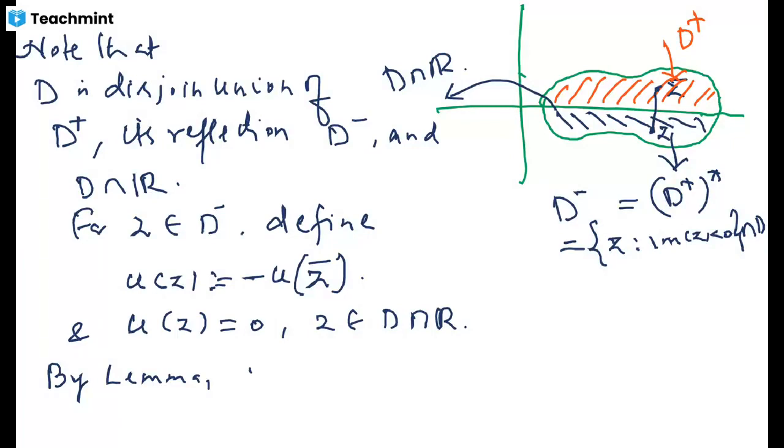So we see that u is harmonic on D minus as well, and it was already harmonic on D plus by hypothesis. If it is harmonic, it satisfies the mean value property, but we want to show this extended function to be harmonic on the whole of the domain D, and we will show it by using the mean value property.